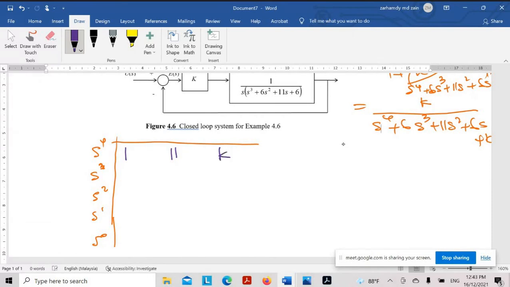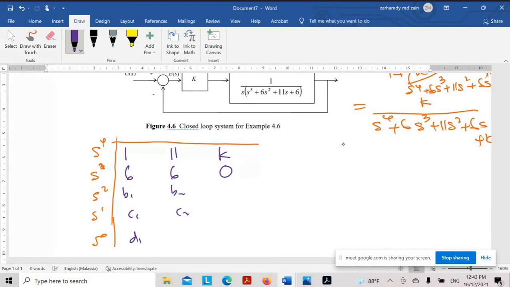Then the next row 6, 6, 0. Good. So now we are looking for B1, B2, C1, C2 and D1.